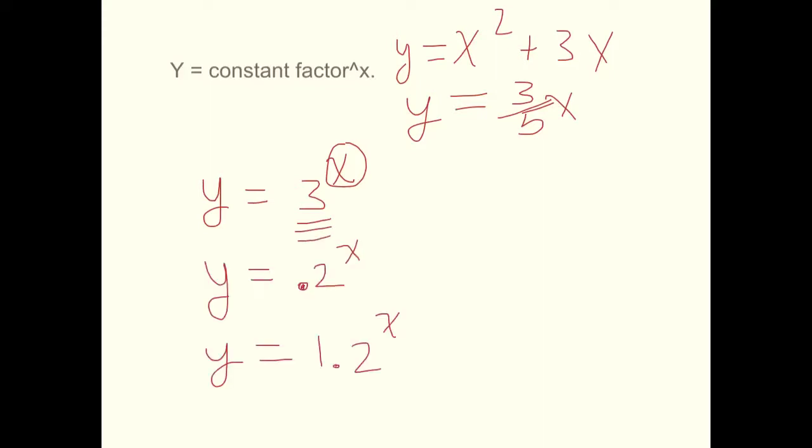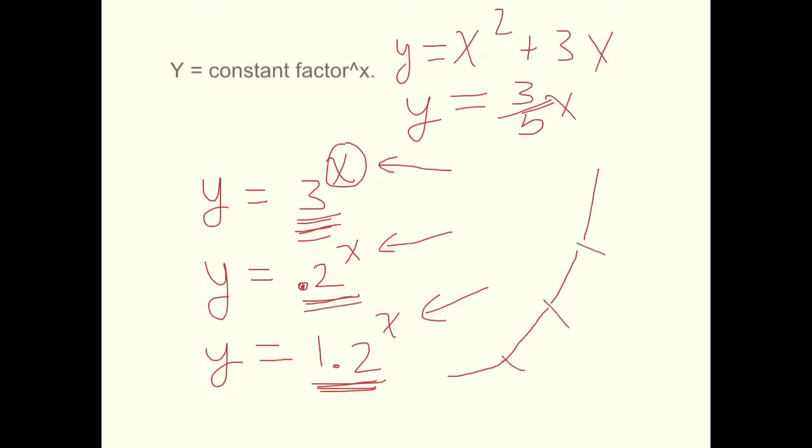So in an exponential function, x is the variable, and the number that is being multiplied is the constant. The rate of change, however, will not be constant, because as things grow by, say, 20%, the amount that they increase each time is different.